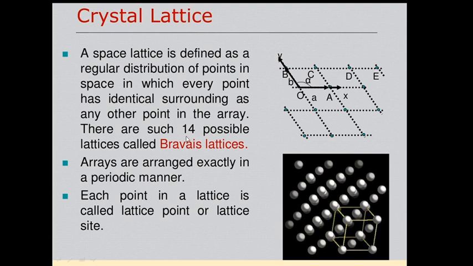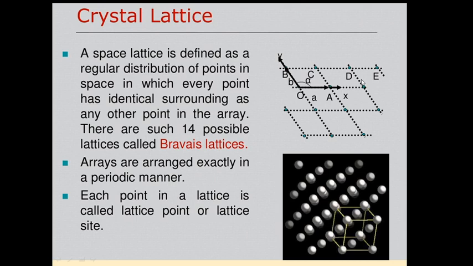So there are 14 possible types of lattice, and that is called the Bravais lattice. The question may arise how only these 14 Bravais lattices are possible, and they are only possible because of their orientations, their symmetry and their surroundings.